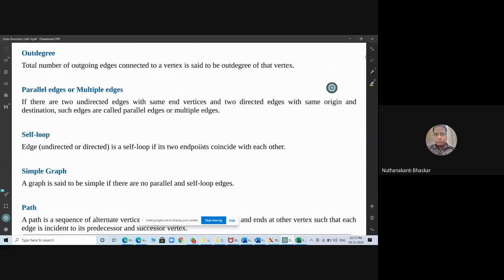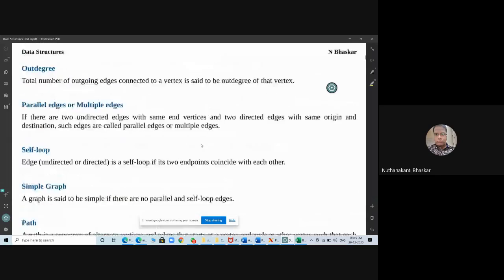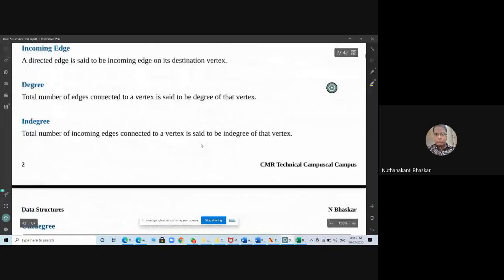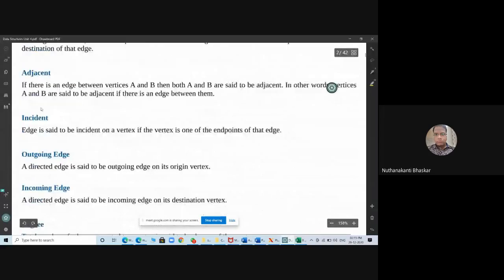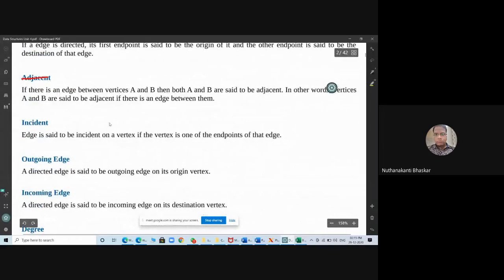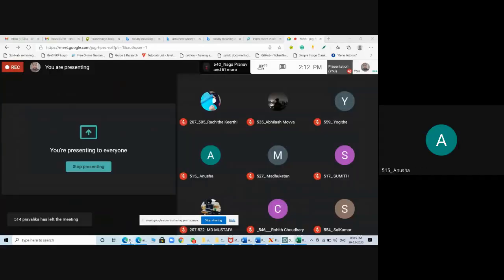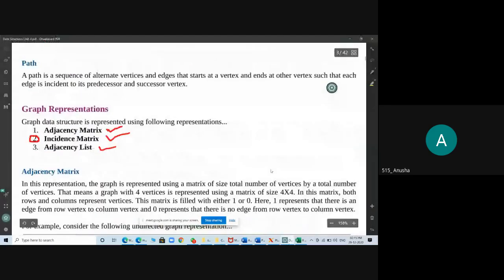Already we discussed this terminology in the last class. What is the meaning of adjacent? If you know that, we can understand. A node after another node in a path. The next connected node is called adjacency.